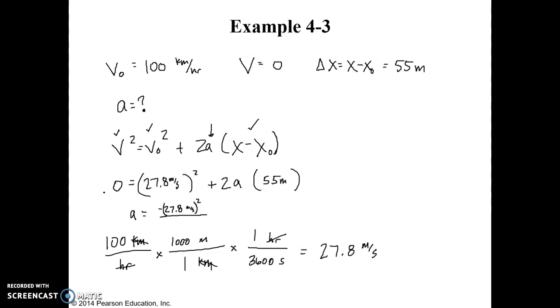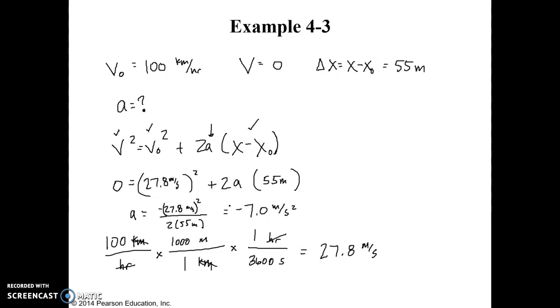We would have squared it first and then moved it over. And divide by 2 times 55 meters. Okay, and that should be negative 7.0 meters per second squared.